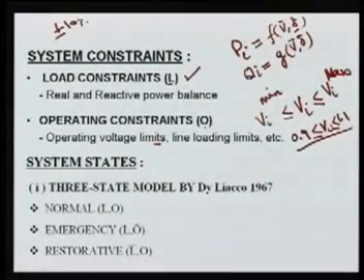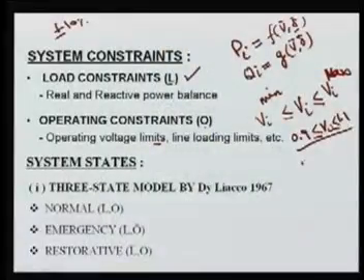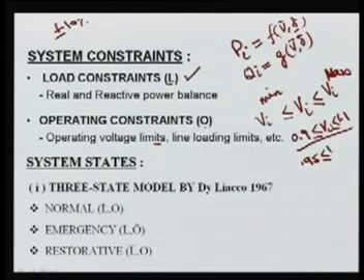Especially for EHV transmission lines, the voltage at the high voltage buses may be less than that, and it can be 0.95 to 1.05 per unit. So for voltages of normally 220 kV and above, we have to go for this voltage limit. However, for the lower voltage, we can go for 0.9 per unit to 1.1 per unit.